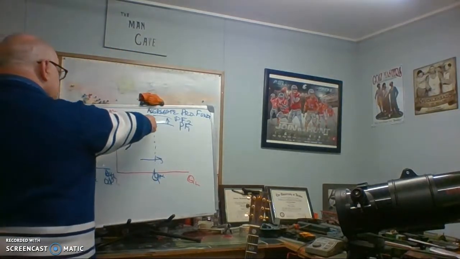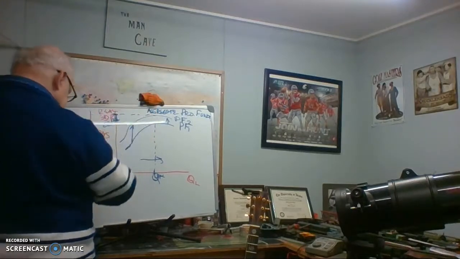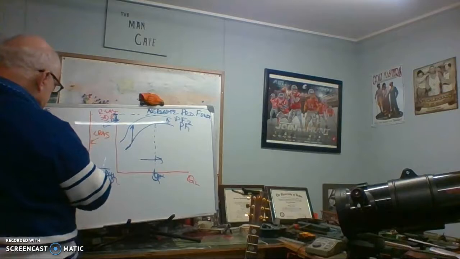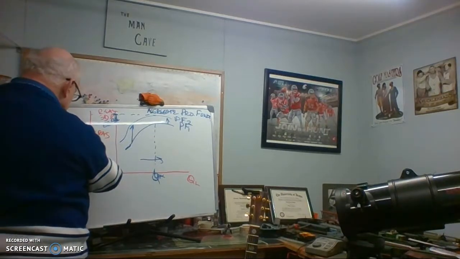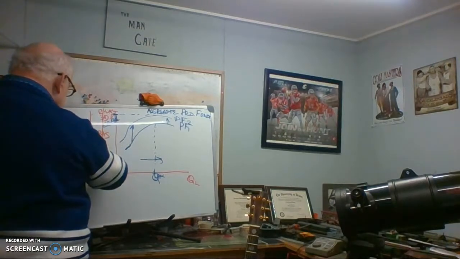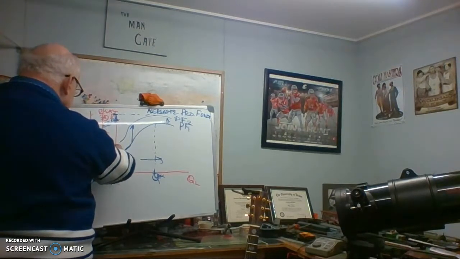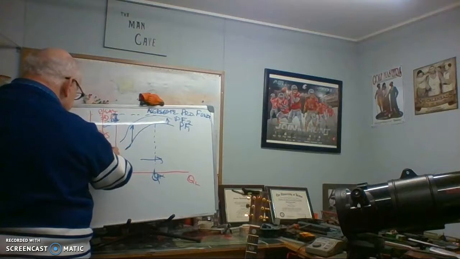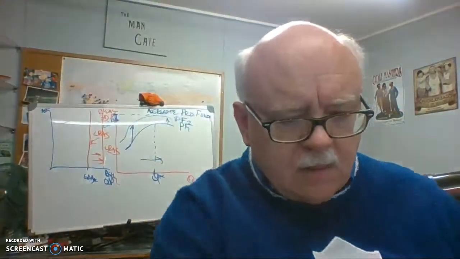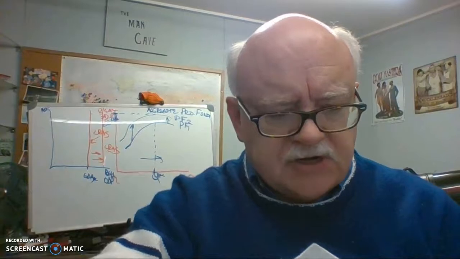So the economy has a new full production. So what that will do is move the capacity out like that, and the long run aggregate supply moves this way. That's economic growth. And we'll make one more tape and explain it further and finish it out.